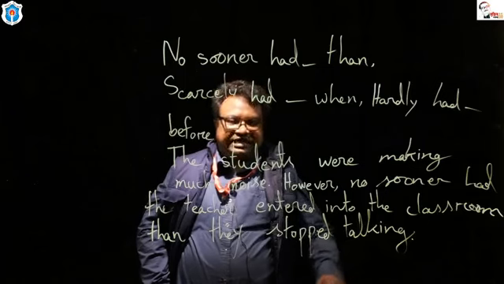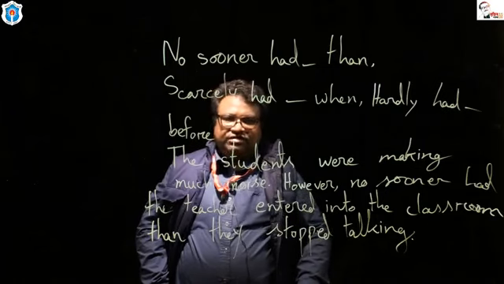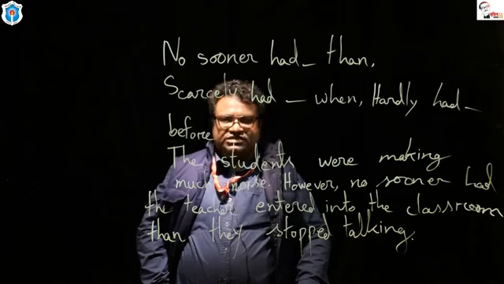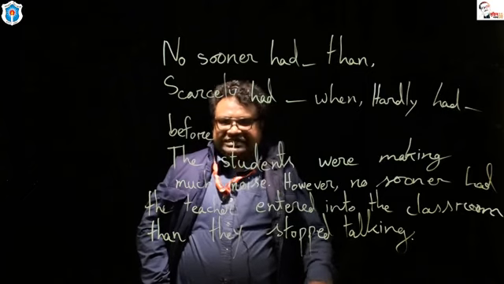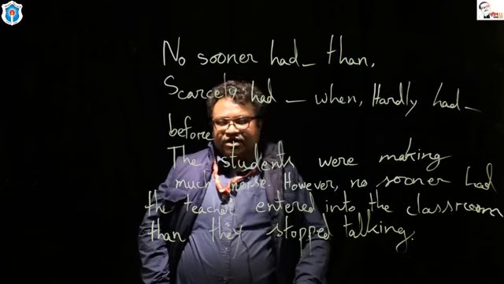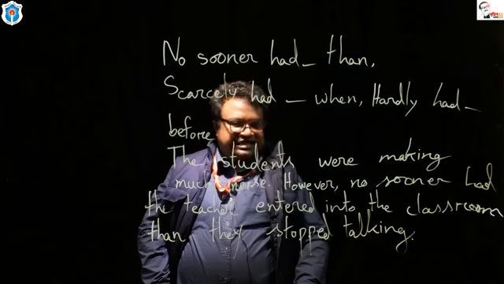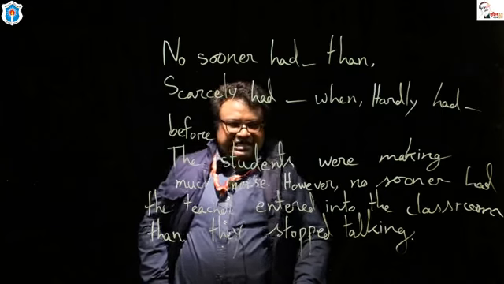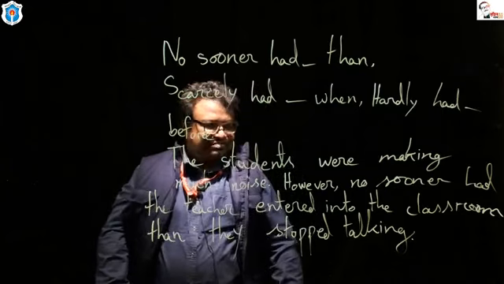This is actually a rule related to right form of verbs, not completing sentence explicitly. However, we have to remind ourselves of it. So here let's again see the structure. That is, the students were making much noise.